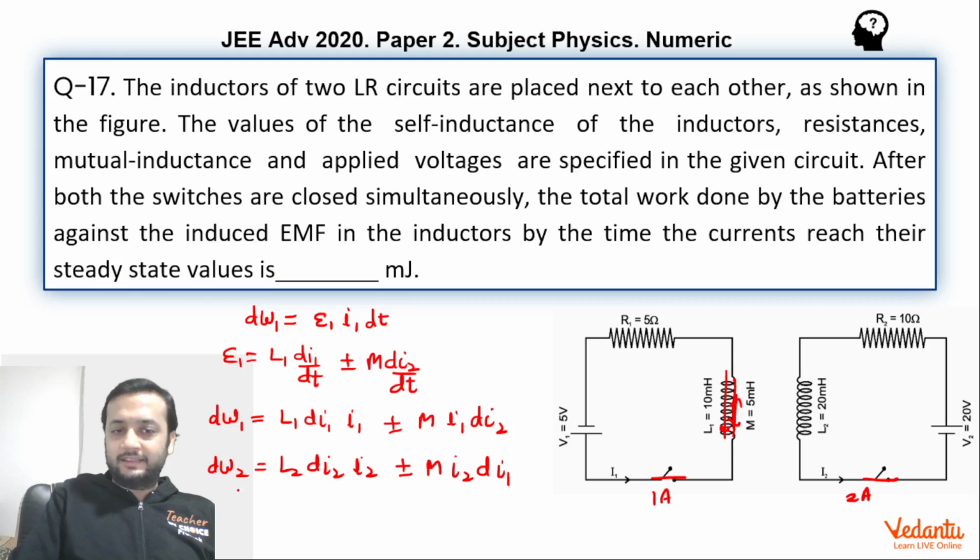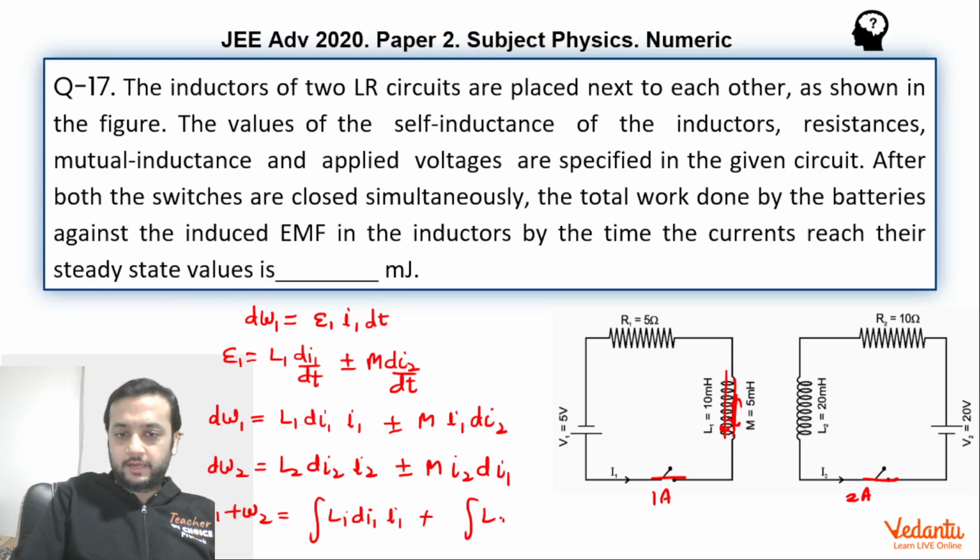So if you add these two and integrate, we can say that W1 plus W2 will be equal to the integral of L1 I1 di1 plus the integral of L2 I2 di2 plus, you can see, M we can take outside.